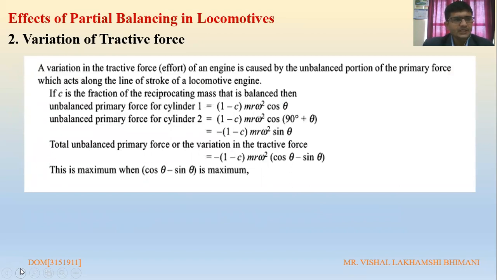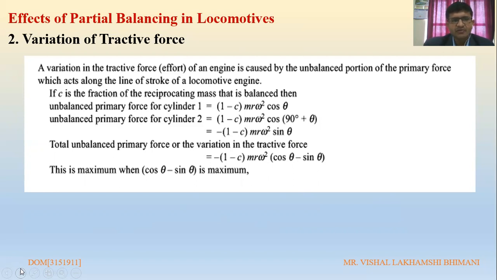Second is the variation of tractive force. The variation in the tractive force, also called the effort of an engine, is caused by the unbalanced portion of the primary force which acts along the line of stroke of the locomotive engine.